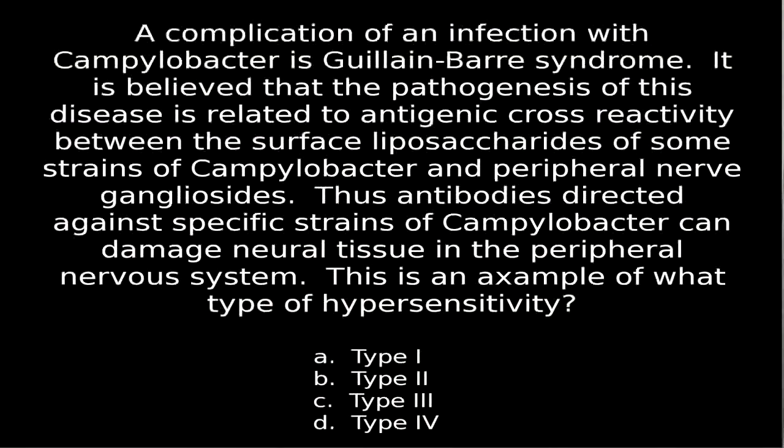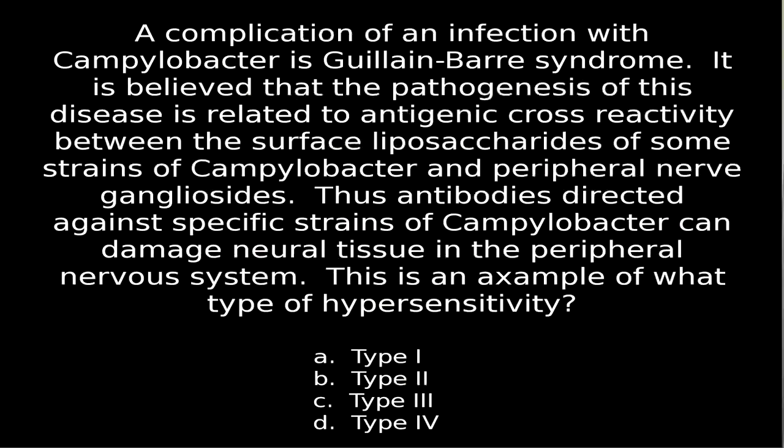So there's a complication with campylobacter, which is Guillain-Barré syndrome, right? That's kind of common, people with campylobacter can get Guillain-Barré. It's believed that the pathogenesis of this disease is related to antigenic cross-reactivity between the surface lipopolysaccharides of some strains of campylobacter and the peripheral nerve gangliosides.